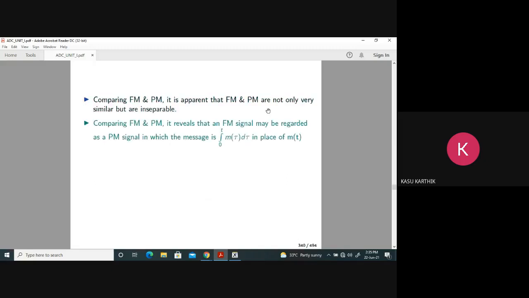So let us come to the generation: how to generate FM and PM signals. Before generation, let us understand how similar they are, how close they are. Read the statement properly. An FM signal may be regarded as a PM signal in which the message is the integration of m of t in place of m of t.